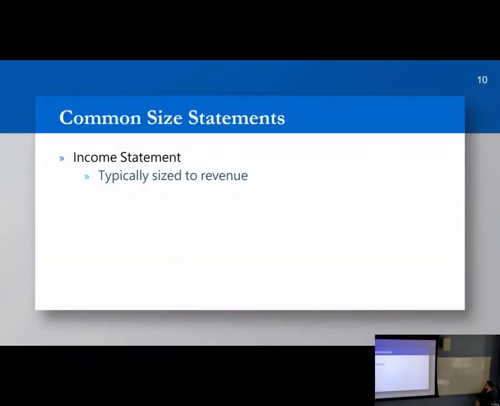All right, so when we go about actually making these common-sized statements, there are some standard ways of putting together the common-sized analysis. Typically, it's based on top or bottom lines, depending on whether we're looking at income or cash flow statements or balance sheets. When we're looking at an income statement, typically we size everything relative to revenue, just like we did in the cause of change analysis with Amazon.